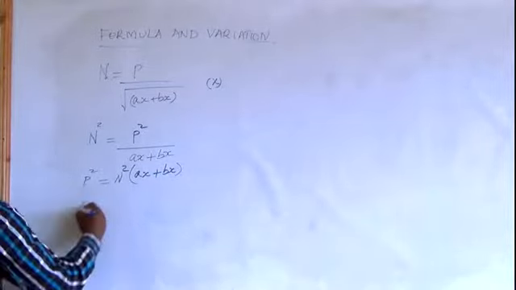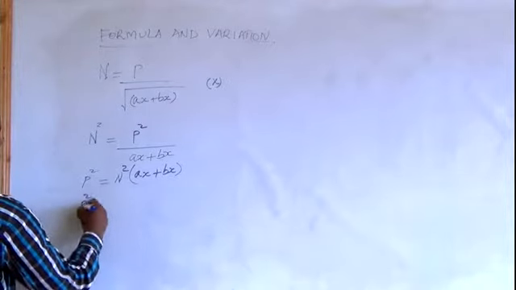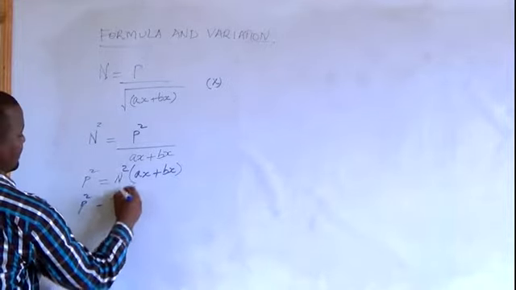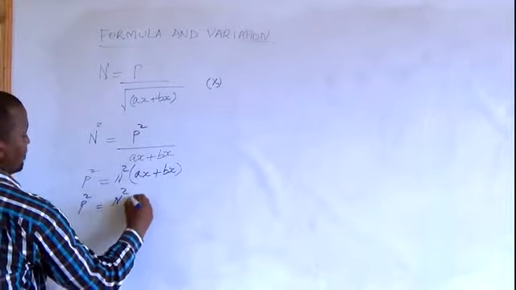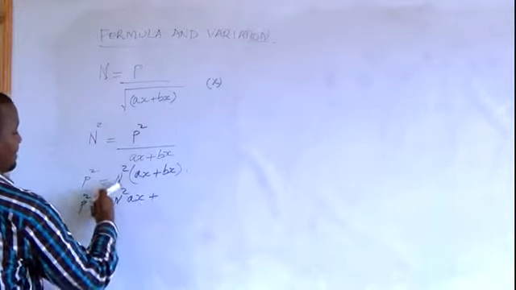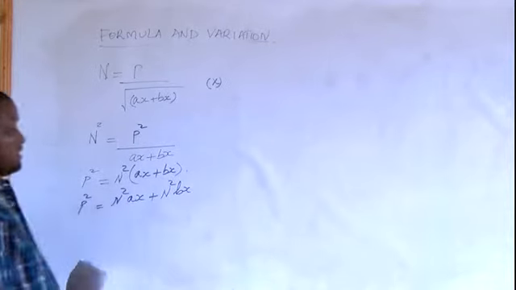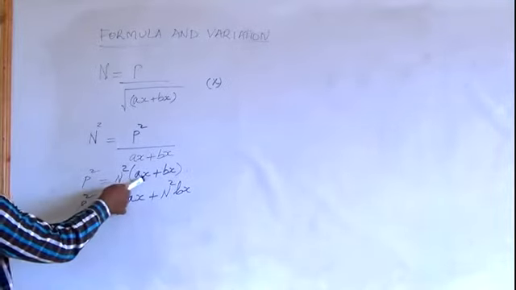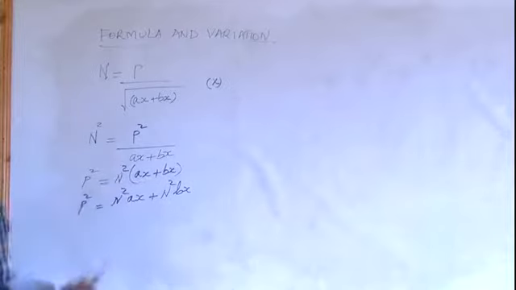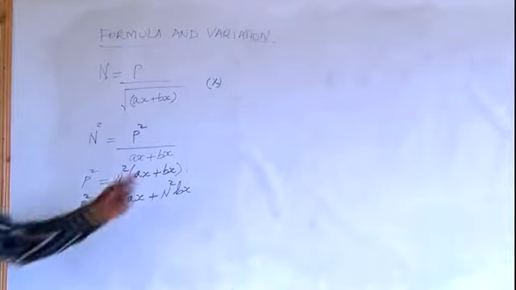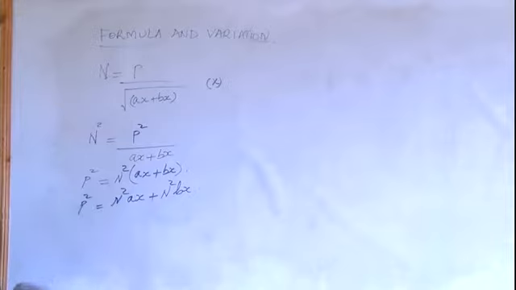Here we will have p squared is equal to n squared multiplied by this, you have n squared ax plus n squared bx. We have n squared multiplied by ax, n squared multiplied by bx. Since we want to make x the subject of the formula, let's have these two expressions involving x on the left hand side.